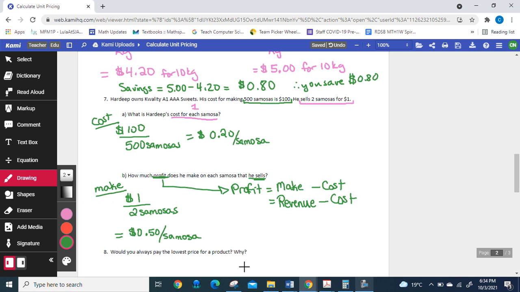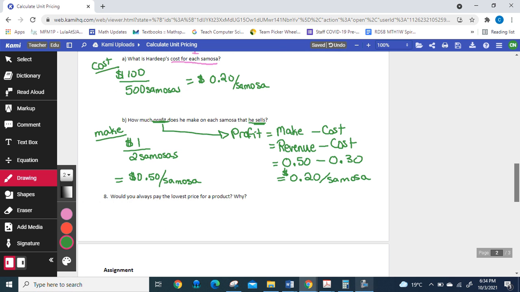It's how much money you get paid for something. And the profit, because you've got to use that money to pay for stuff, in this case is going to be 30 cents per samosa.